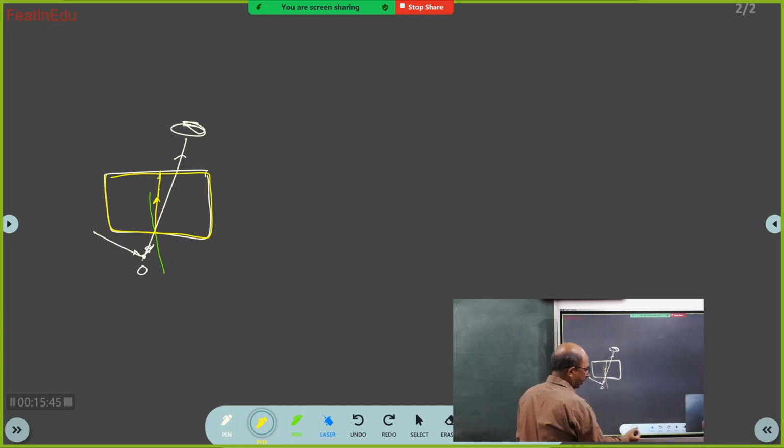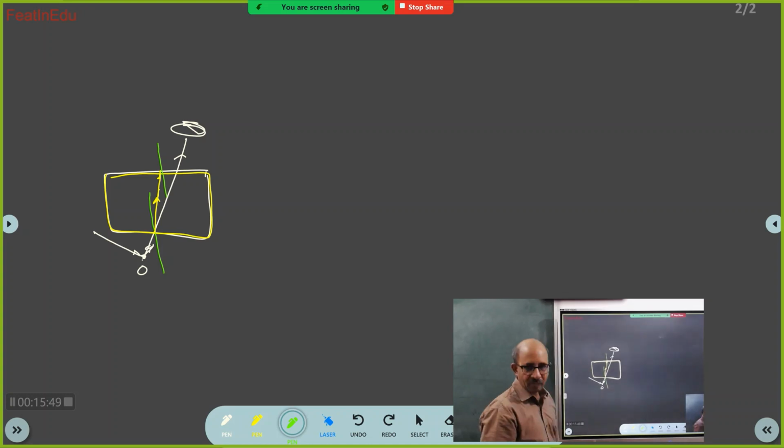Again here there is a normal. Again here what happens? It should have gone straight, but it will bend away from the normal. And it will come out straight like this. See, this line and this line are parallel.